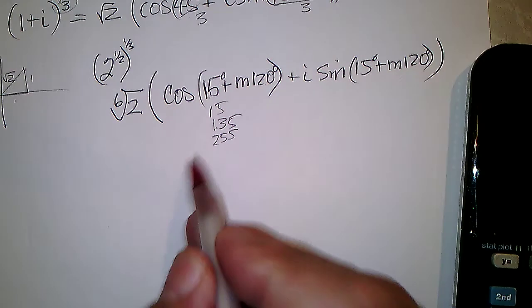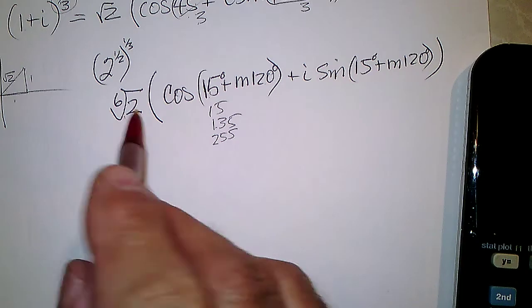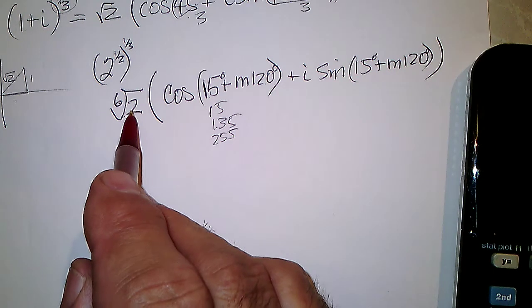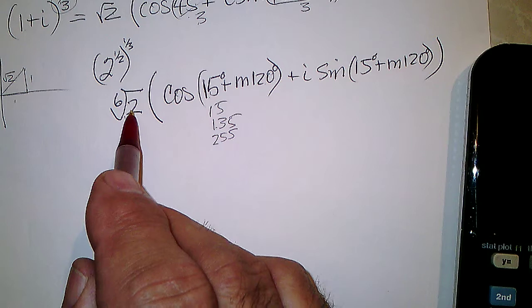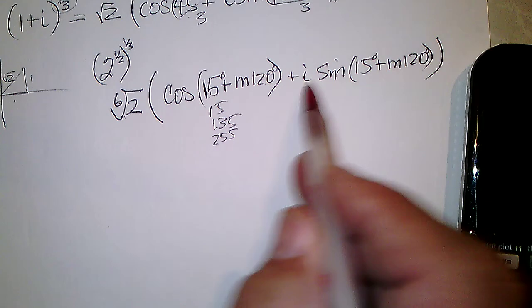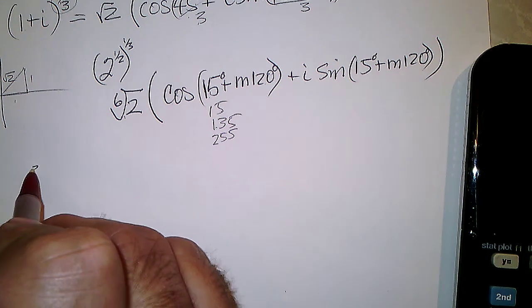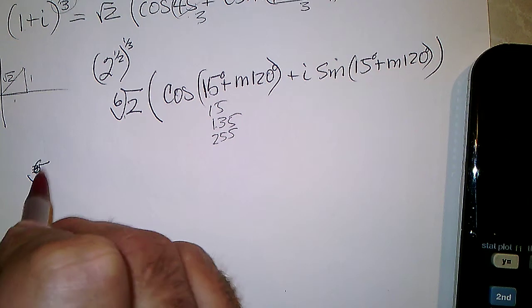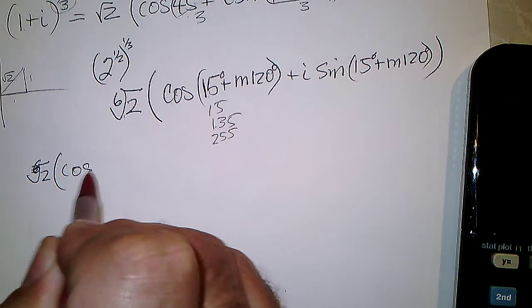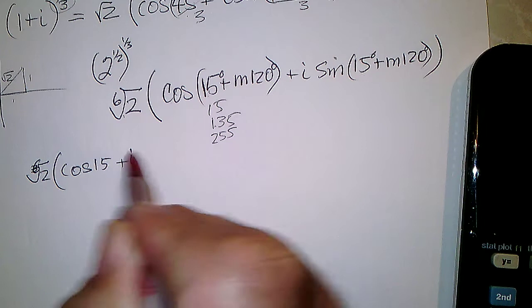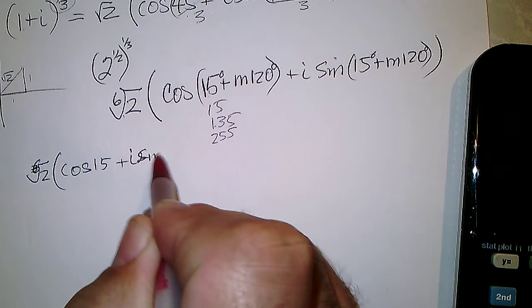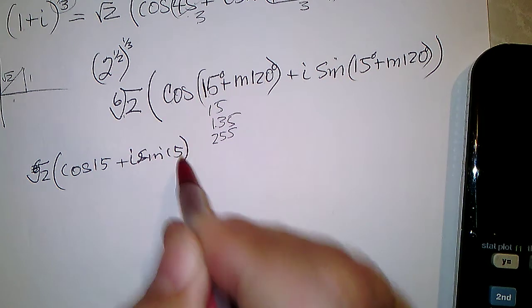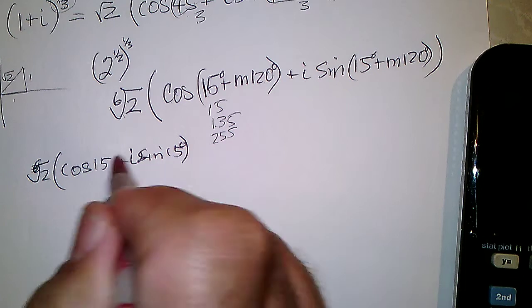So the exact cube roots are the cube root of 2 times cosine of 15 plus I sine of 15. None of those are special angles.